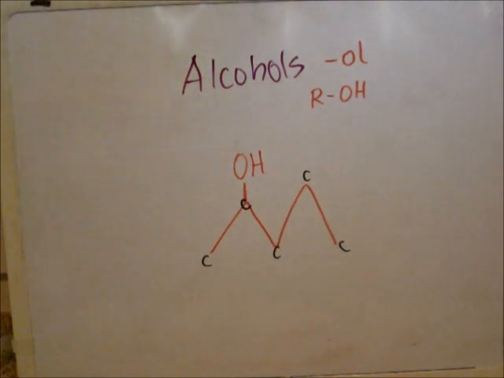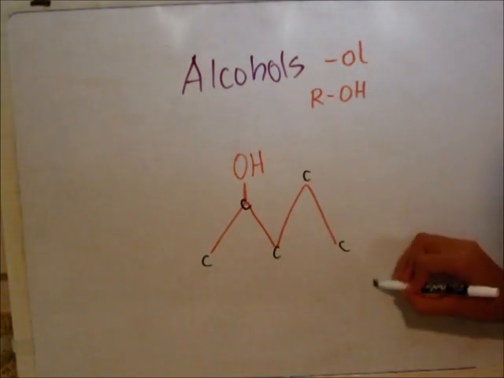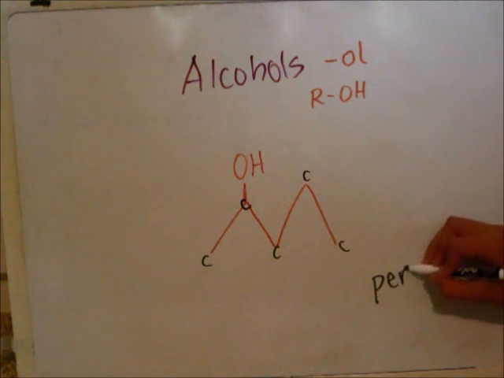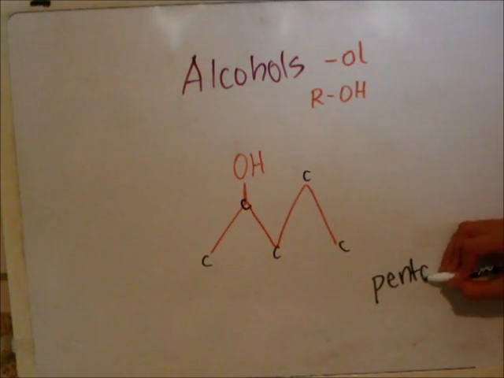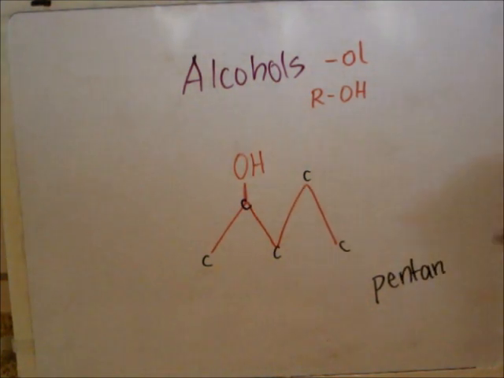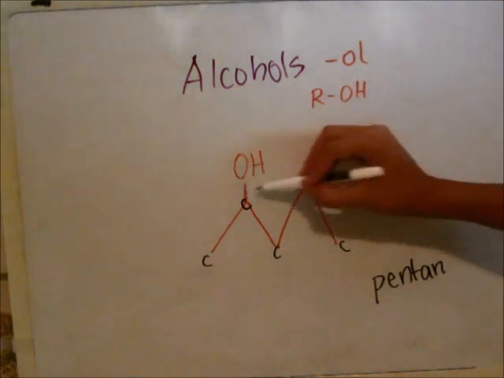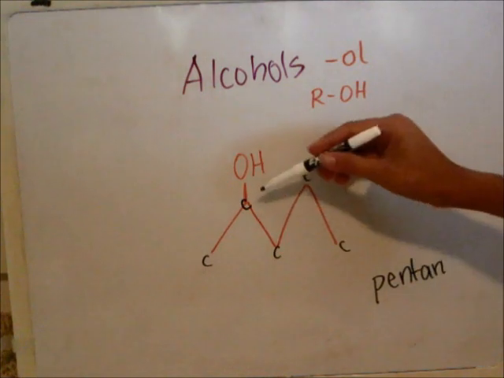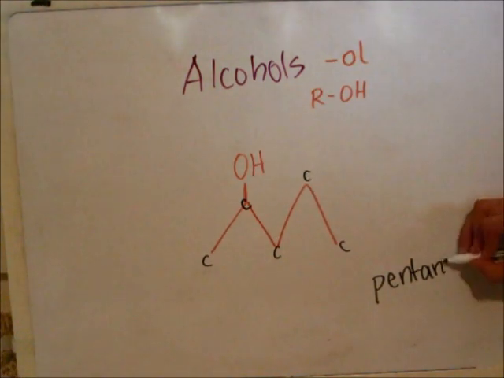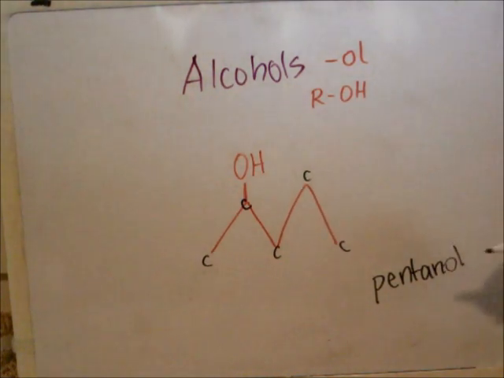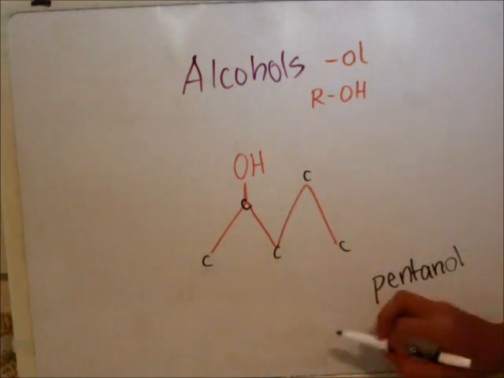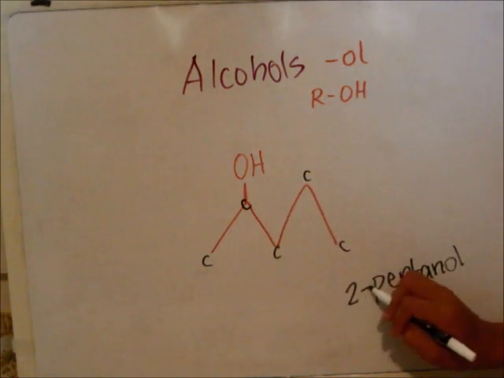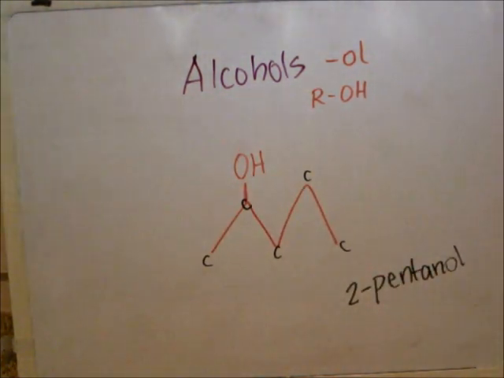So this would be some sort of pent because there are 5 C's, and then we do the AN, and it's an alcohol because of the OH. Whenever there's an OH singly bonded to the carbon, it's OL, pentanol, and it comes on the second carbon, 2-pentanol. So that's 2-pentanol. I think we're getting the hang of alcohols.